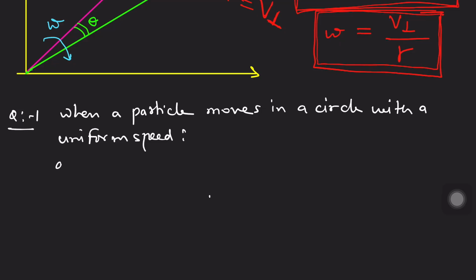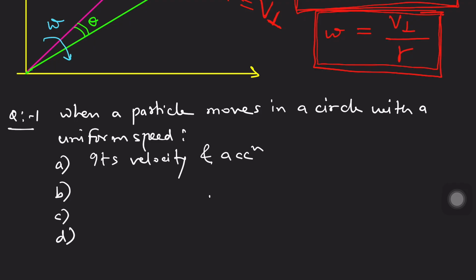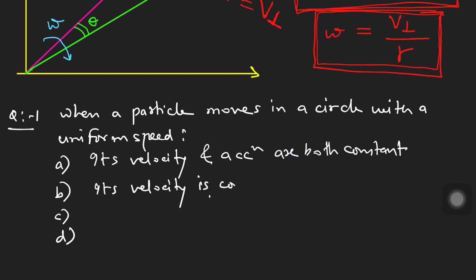then they are asking, these are the options given, and it is a single correct question. The first option is its velocity and acceleration are both constant. Second, its velocity is constant, but acceleration changes.